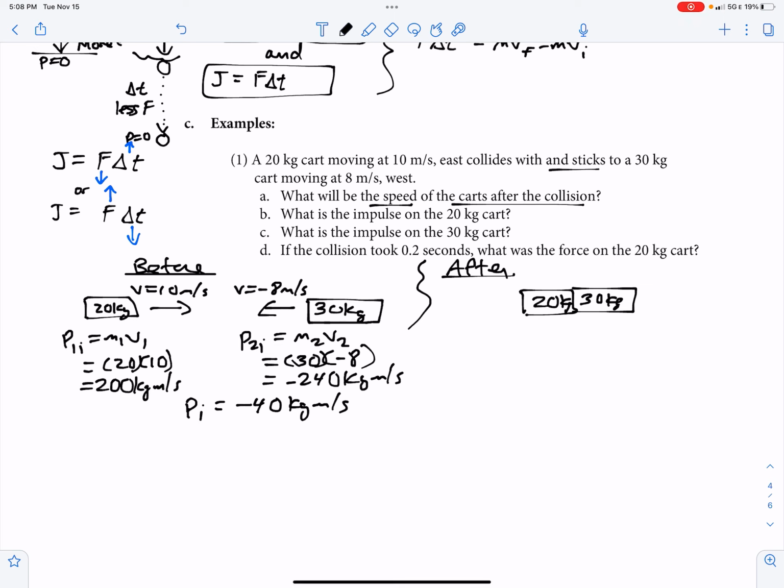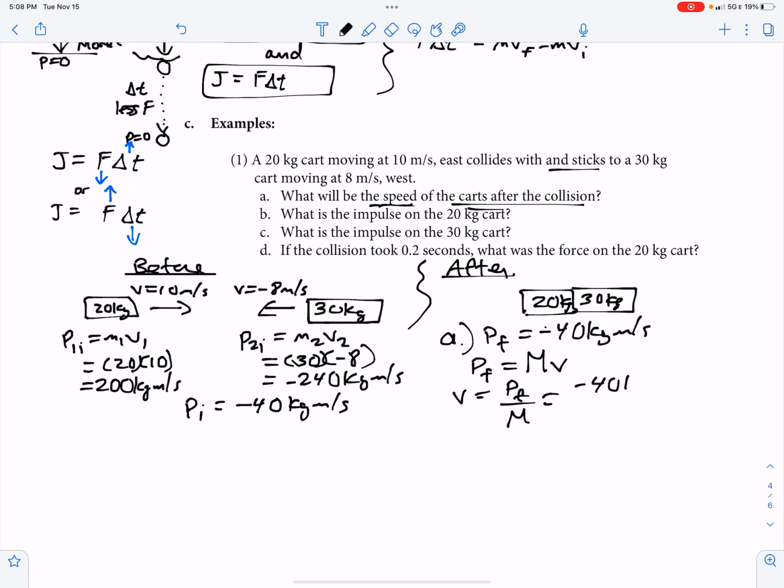So part A would be finding the speed after the collision. The final momentum is also negative 40 kilograms meters per second. And the final momentum is going to be equal to the sum of those two masses times the velocity. Solve for the velocity, and it's P final over the sum of the masses.